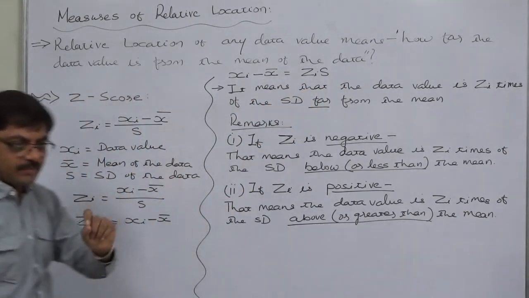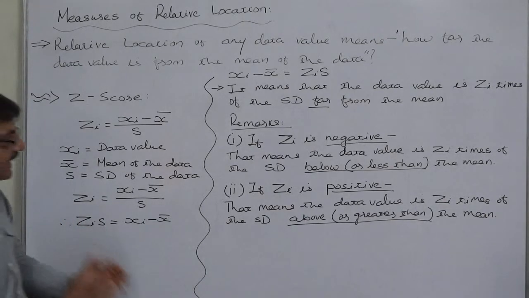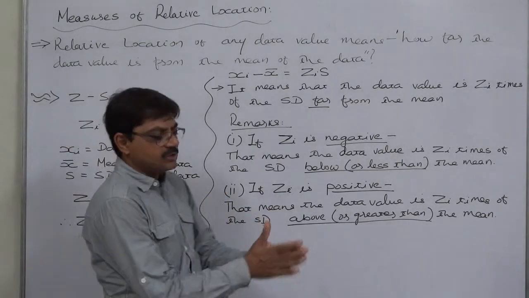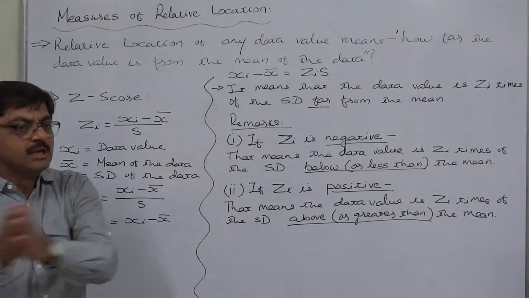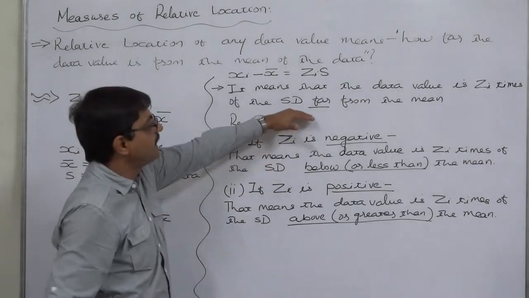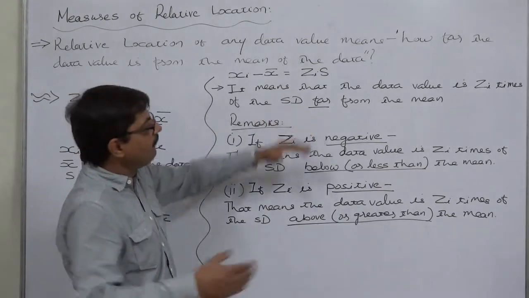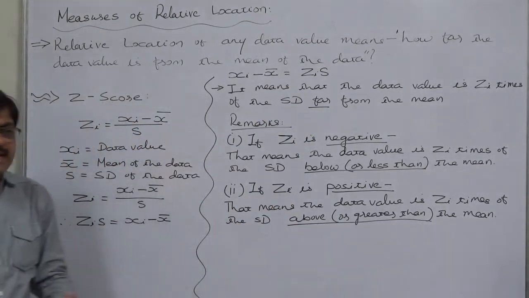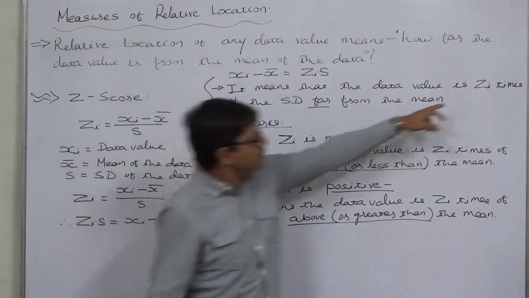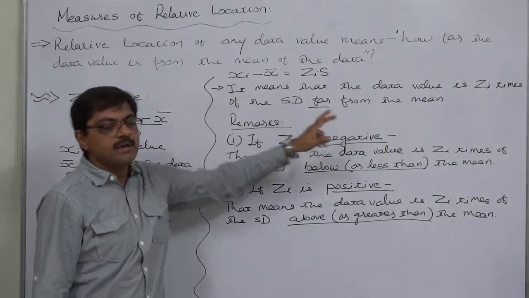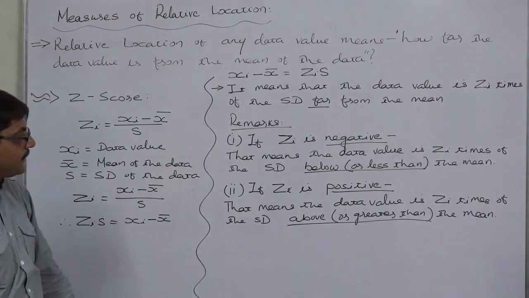This is the interpretation of z. Z shows how many times of standard deviation the data value is far from the mean. So for any particular data value, it is z times the standard deviation far from the mean of that data.